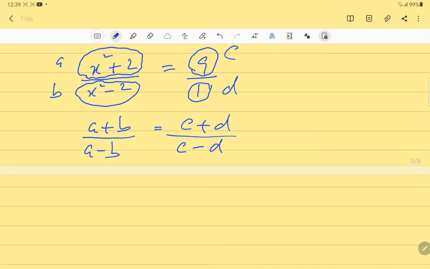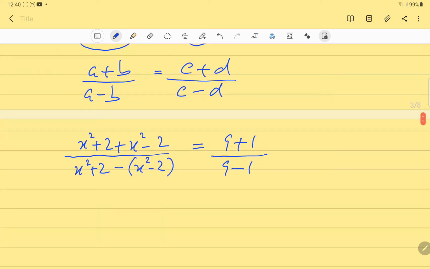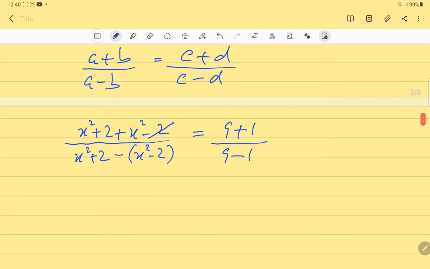Let's replace the values. We will substitute here. A is equal to x squared plus 2 and b is equal to x squared minus 2. Same here, x squared plus 2 minus x squared minus 2 equals 9 plus 1 over 9 minus 1. This minus 2 will cancel with plus 2, so we have left 2x squared, then x squared plus 2 minus x squared plus 2.